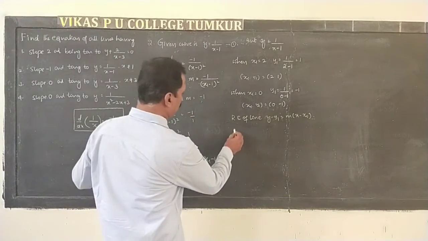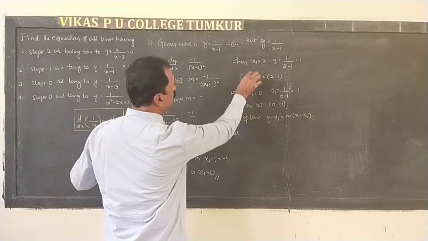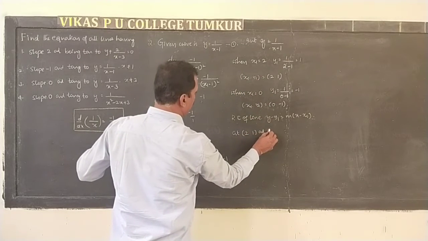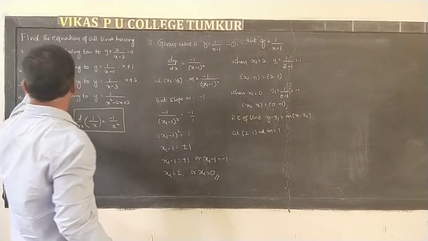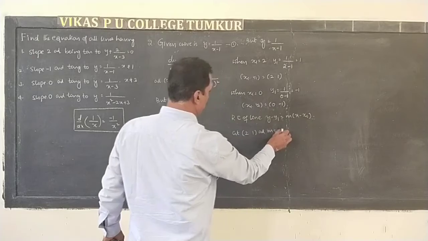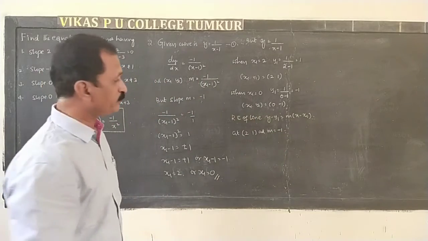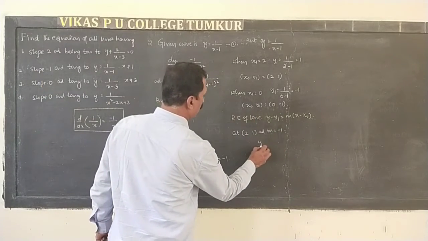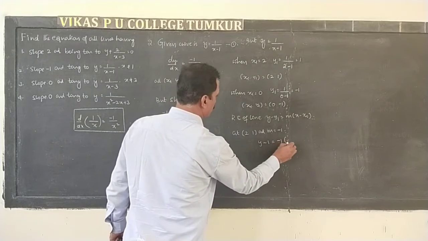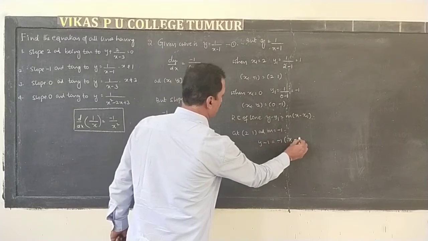Therefore, at the first point, it is 2 comma 1 and m is equal to minus 1, the slope given is minus 1. Let me find the line. Therefore, y minus y1, that is 1, m is minus 1, x minus x1, that is 2.